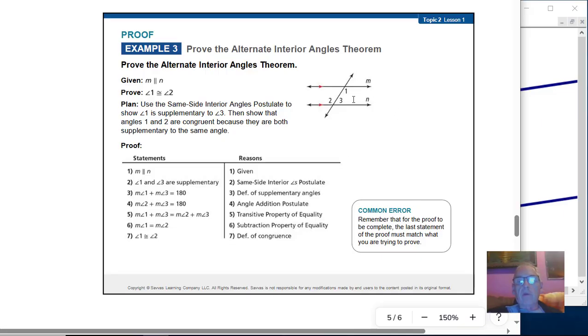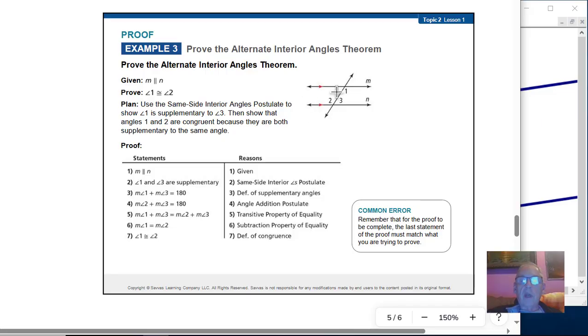So when I talked my way through this, I was thinking about congruent supplements. 1 supplementary to 3 and 2 supplementary to 3, therefore 1 must be equal to 2. That was what we had last chapter, but also we could do the proof this way. So a couple of different versions of the proof that alternate interior angles are congruent if you have parallel lines cut by a transversal.